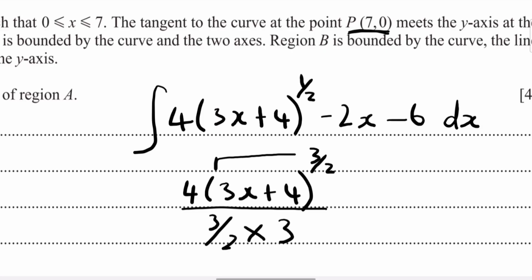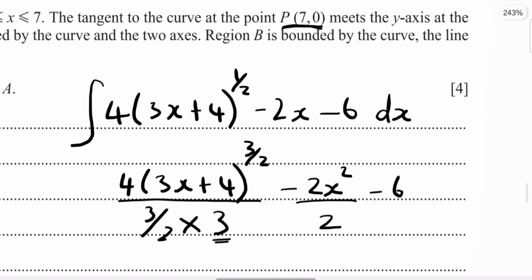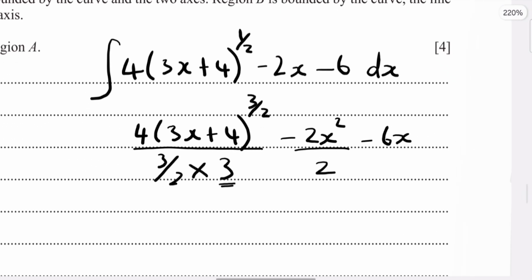If we differentiate 3x plus 4, we get 3, so that is what we divide by. For minus 2x, adding 1 to the power gives 2, dividing by the new power, then minus 6x.